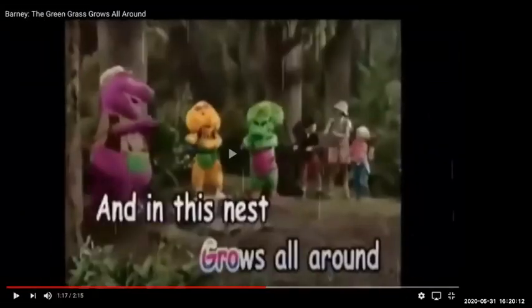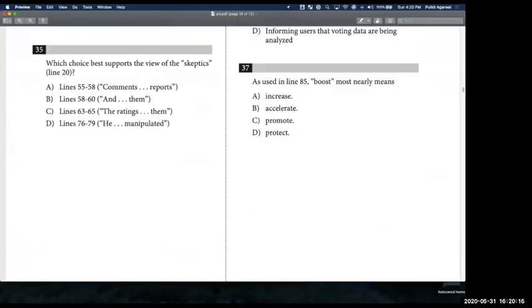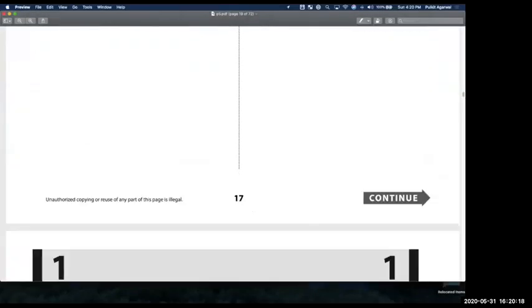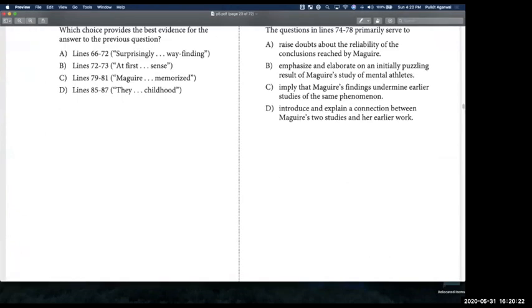And in this nest, there was an egg. The prettiest egg that you ever did see.